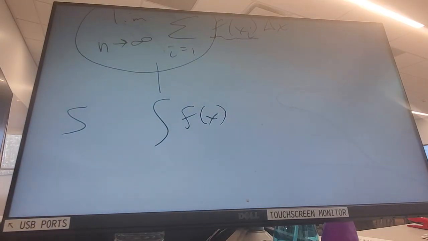Real quick, did we use every input when we calculated the approximation for the area? Did we use every possible input from 1 to 4? No, we didn't use 1.394. We didn't even use 3.1. You guys with me? I really want you guys with me.